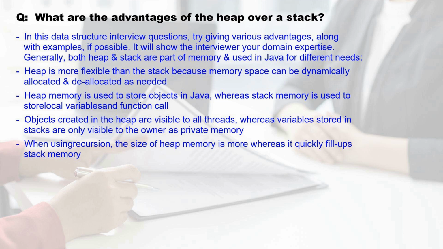Heap is more flexible than the stack because memory space can be dynamically allocated and deallocated as needed. Heap memory is used to store objects in Java, whereas stack memory is used to store local variables and function calls. Objects created in the heap are visible to all threads, whereas variables stored in stacks are only visible to the owner as private memory. When using recursion, the size of heap memory is more, whereas it quickly fills up stack memory.